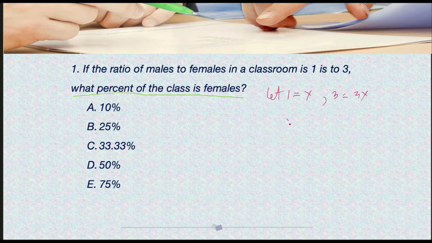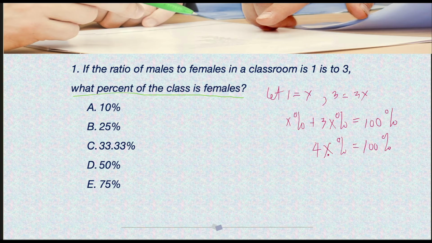So x percent plus 3x percent is equal to 100%. Now that we have the equation, x plus 3x is 4x percent, which is equal to 100%.